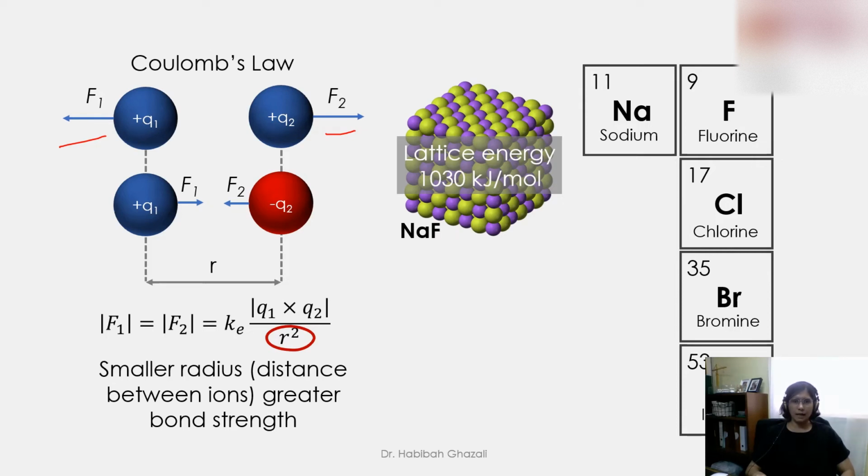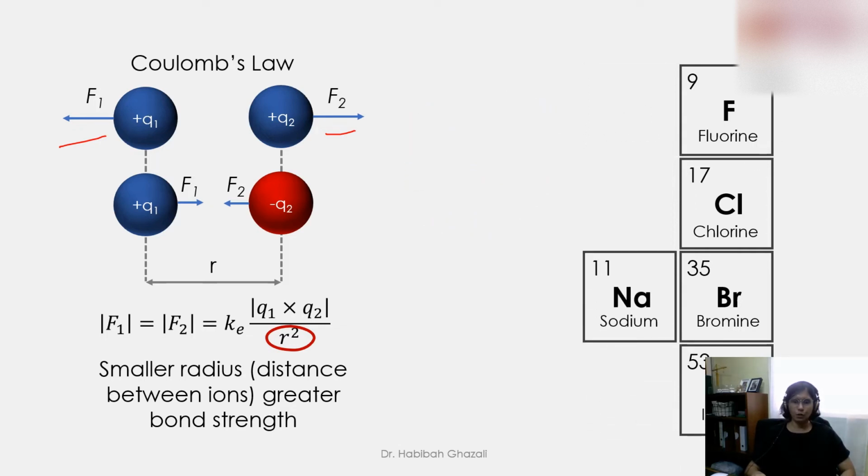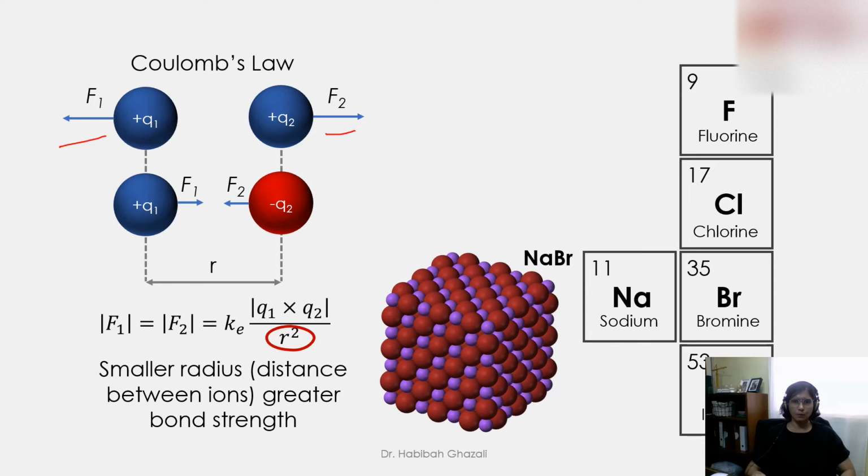So that is how you can use Coulomb's law to justify the stability of this ionic bond, the ionic solid. Now what will happen if we move from fluorine to bromine? We will have sodium bromide.